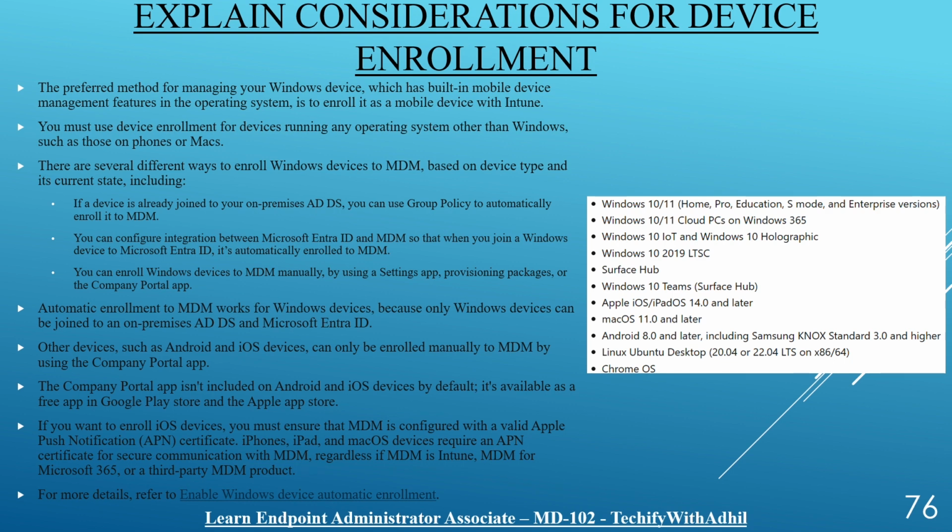That's the second way. Then you can enroll the Windows devices to MDM manually by using the settings app, provisioning packages, or the company portal app. So these are the three different ways you can enroll Windows devices to MDM.